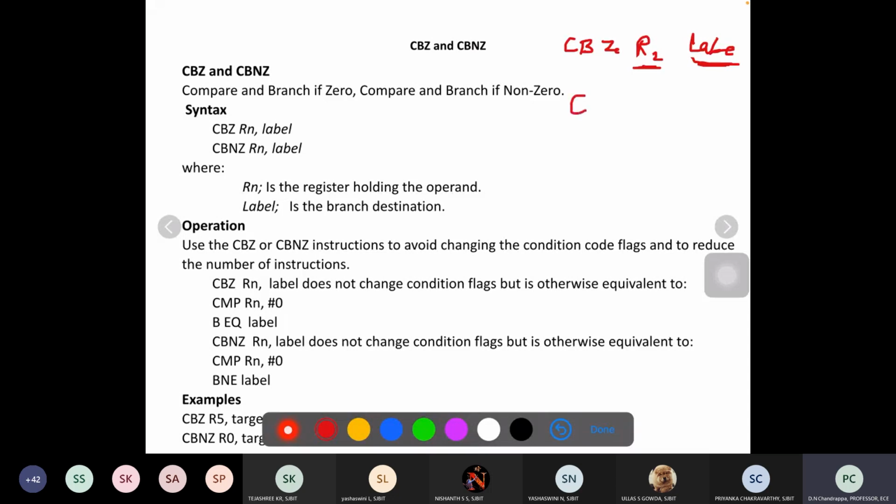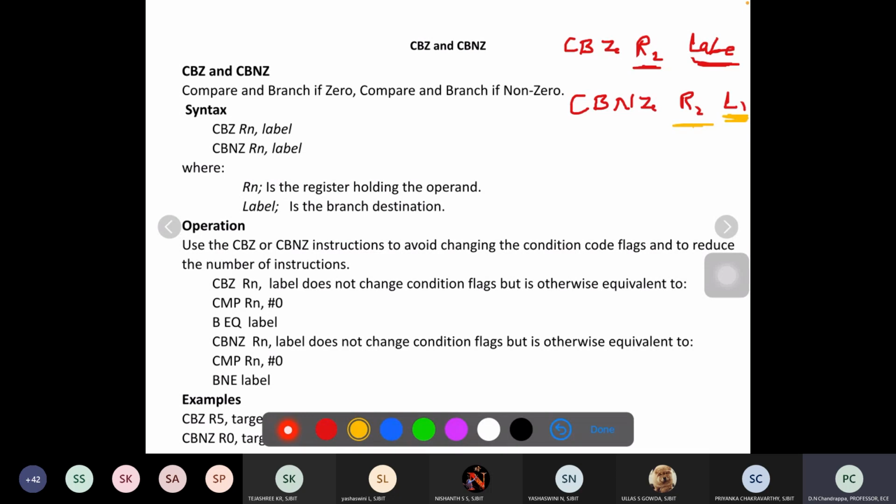Then similarly, CBNZ R2, then label L1. If R2 is not 0, then only it jumps to the specified location L1. Suppose R2 equal to 0, then the next instruction executes, and it does not jump to the specified labeled location.